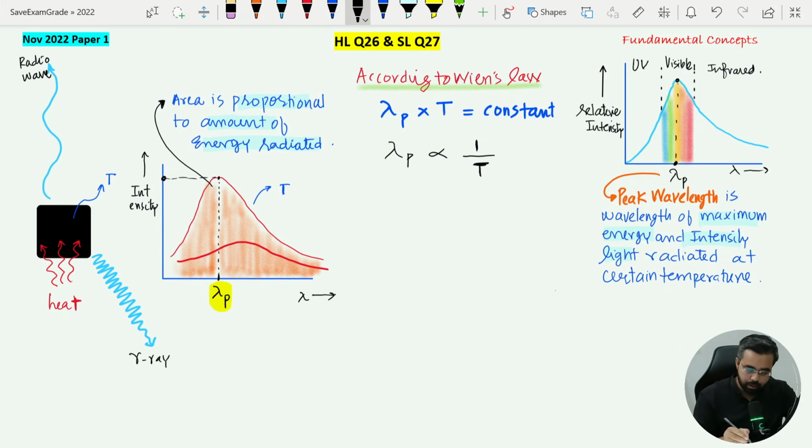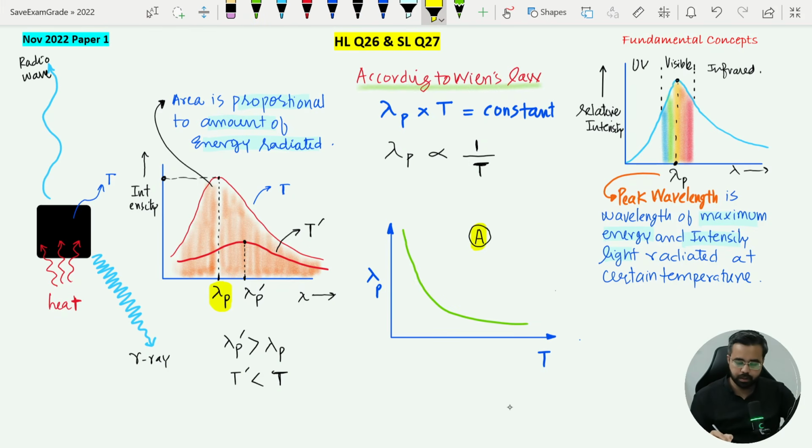So you see that its peak wavelength λp' is greater than λp, which means that its temperature T' is less than T, which means that this curve is formed by this black body at a lower temperature than this temperature, which means that these two quantities are inversely proportional to each other. So option A is the right answer.